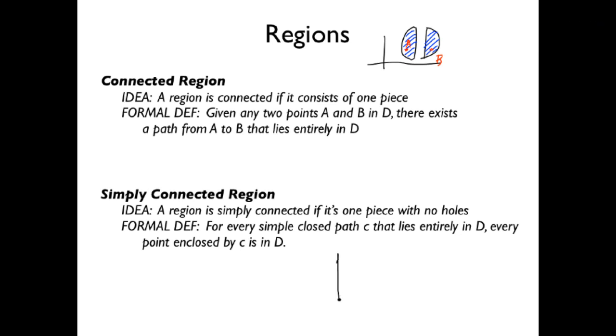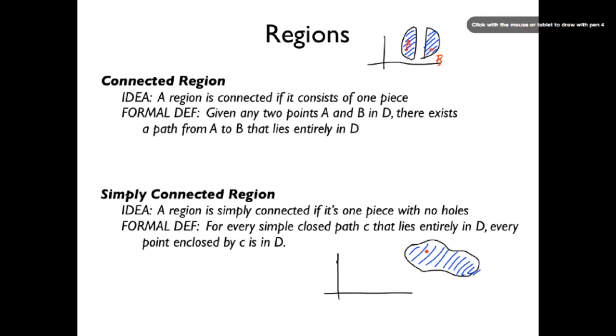So, for instance, no matter what closed path you draw that's entirely in D, every point inside that closed path will lie in D, if it's simply connected.